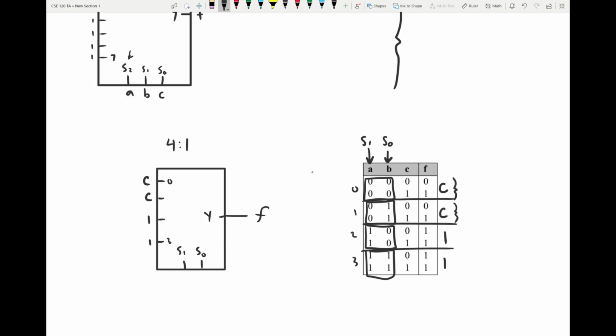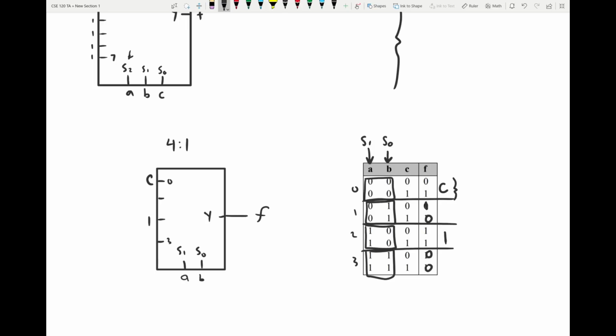And again, we have A and B as our select lines. Now again, let's play some more hypothetical game. What if these 2 were zeros, and this one here was actually 1, 0? Then what? Well, it's the same logic. So 0 stays C, and 2 stays 1.